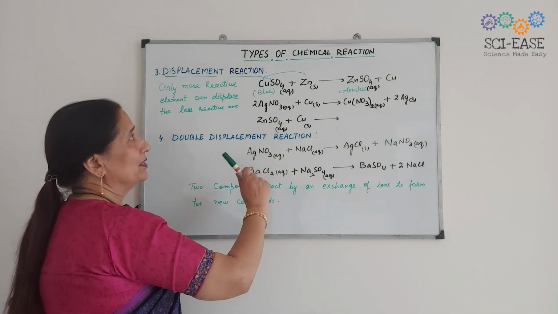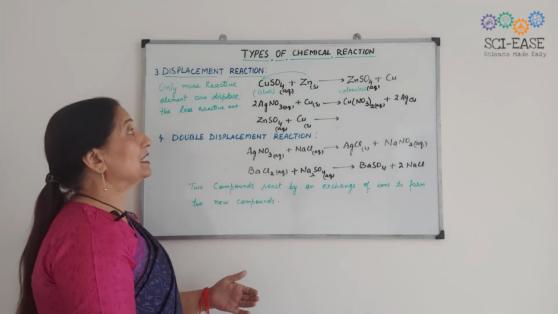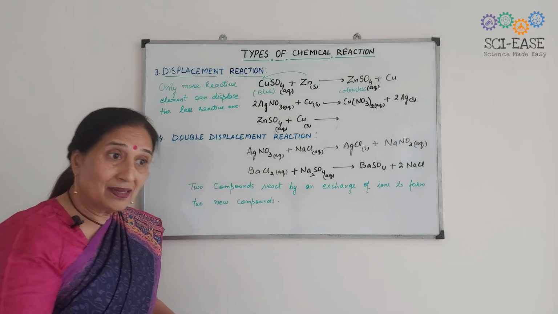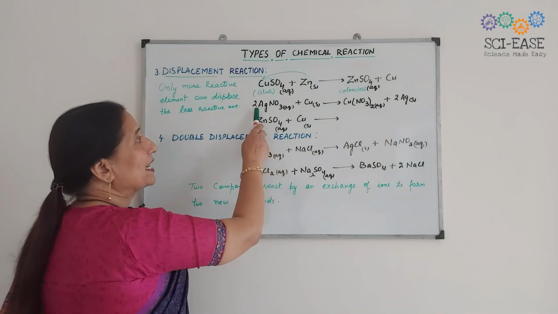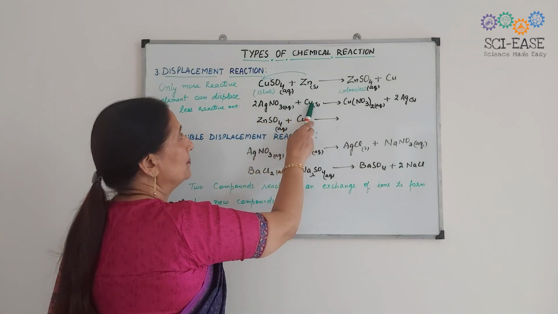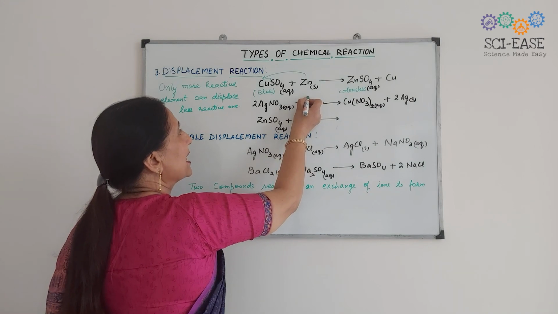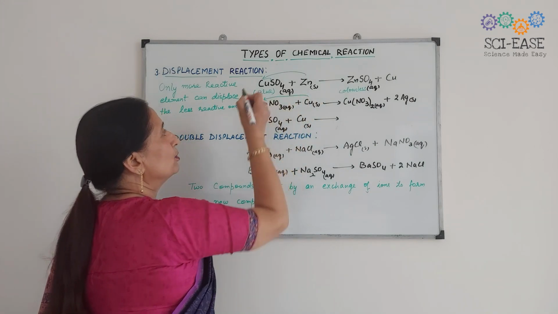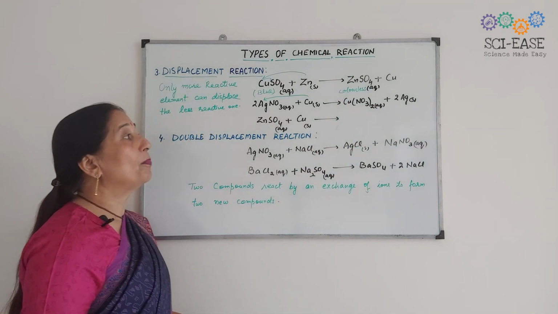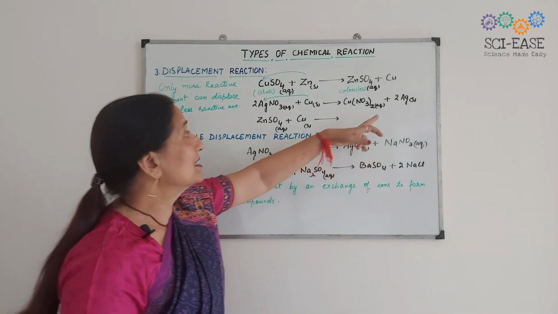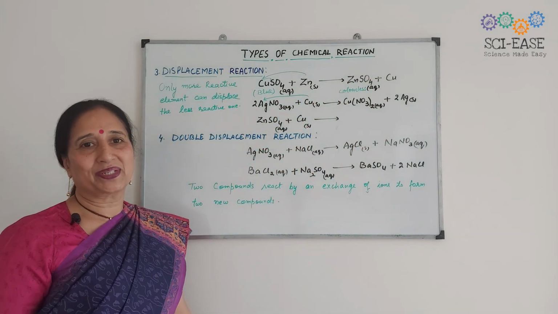Take another example. In the activity series, copper is quite less reactive, but silver is even less reactive than copper. So we will take AgNO3 plus copper. What will be the result? Copper will displace Ag from AgNO3 solution, and it will result in the formation of copper nitrate plus Ag, which will be deposited on the copper electrode.